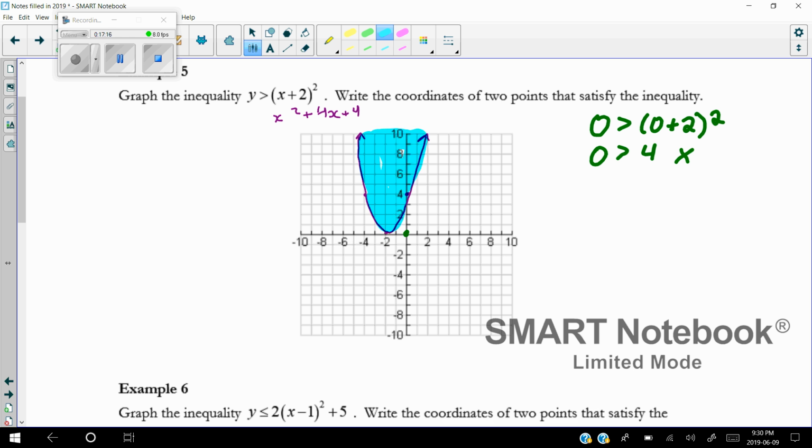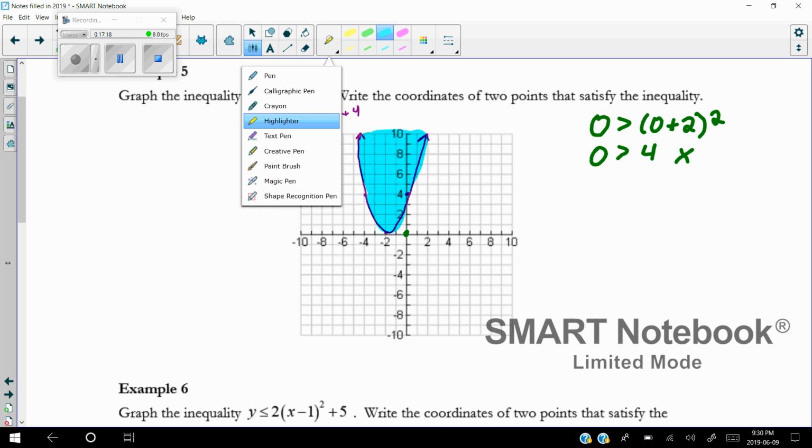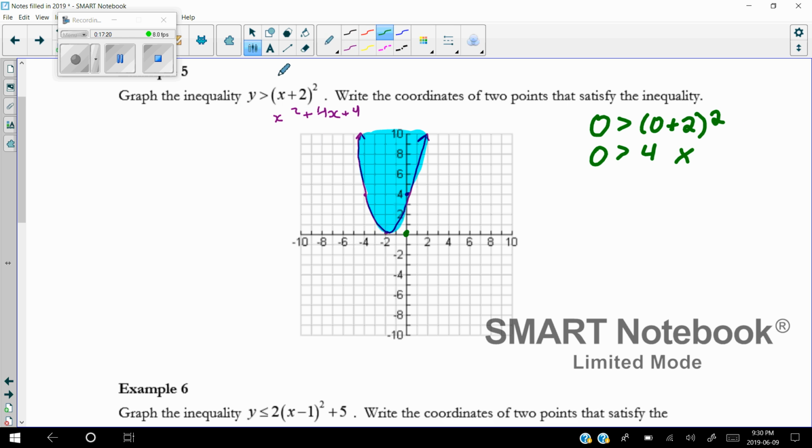So I'd go ahead and shade that in, and then to fully answer the question, it asks for 2 points that satisfy the inequality. Oh, and I just realized I made a mistake, because when I plotted the points, I didn't make it a dotted line here. I'm just going to go back in and make it a dotted line.